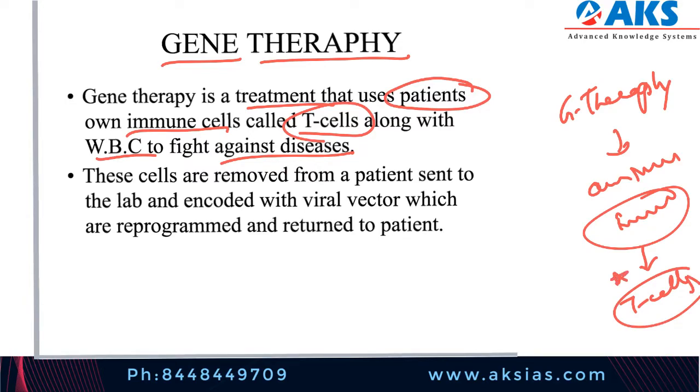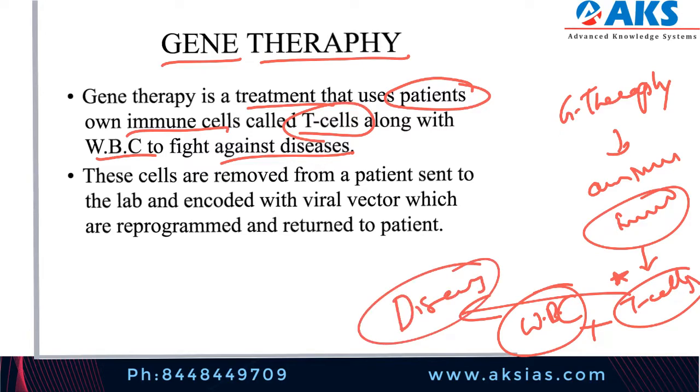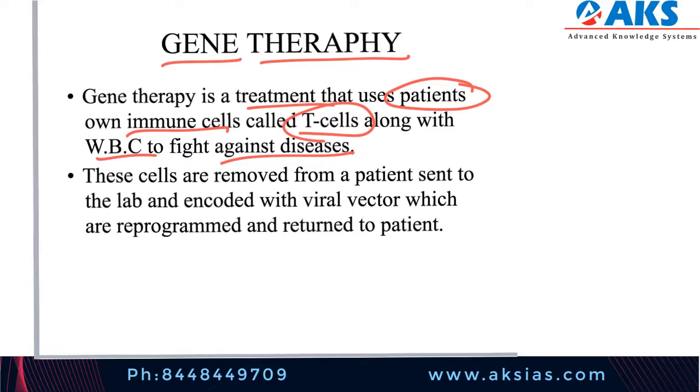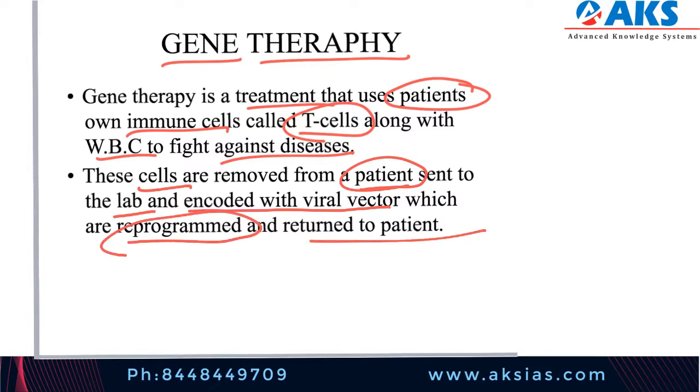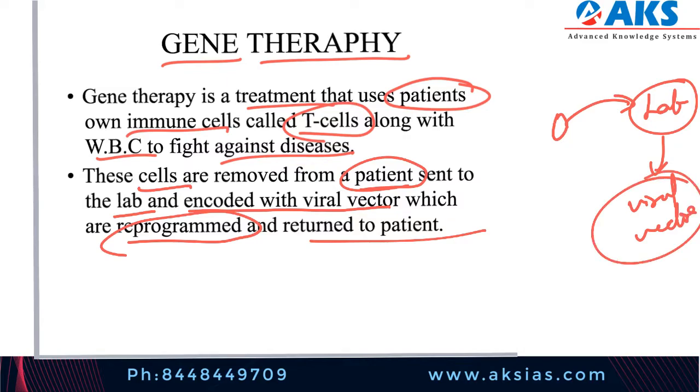Our immune cells are known as T cells, and these plus WBC, that is white blood cells, are used to fight against diseases. In gene therapy, the cells are removed from the patient, sent to the lab and encoded with a viral vector, which are reprogrammed and returned to the patient. It is simply that the cell is removed, and in the lab a viral vector able to fight the diseases is added, and then they are put back into the body.